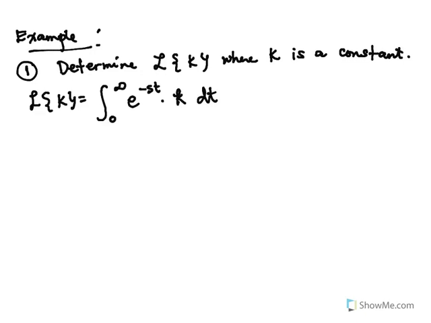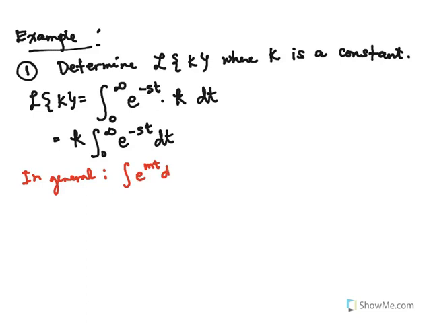Now, since k is a constant, we solve this integral. We can first solve this indefinitely. Since k is a constant, we can bring it out of the integral. So you have k times the integral from 0 to infinity of e to the negative st dt. And now, in general, we already took note that from your integral calculus, the integral of e to the mt dt, where m is any constant, is equal to 1 over m e to the mt plus c.